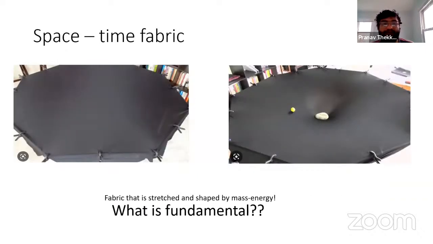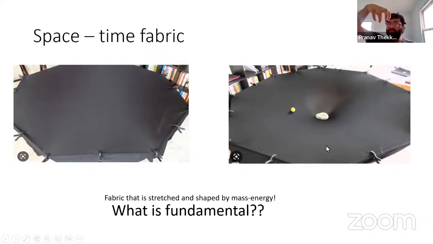I'll go into a bit more detail here. If space and time are relative, then the next obvious question comes: is there something that is more fundamental? Is there something that is more absolute that actually governs the dynamics of this space and time? One way to think about this is to think of space and time as this fabric, the sheet, and energy as the thing that warps the sheet.